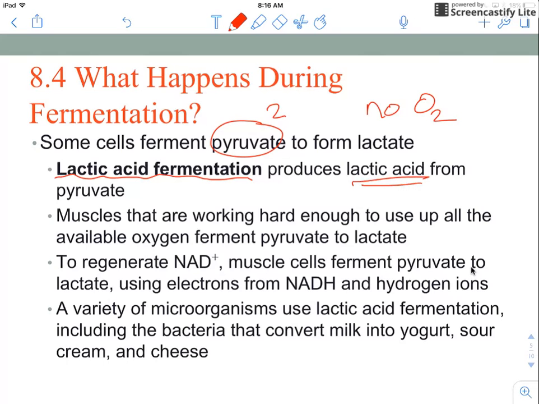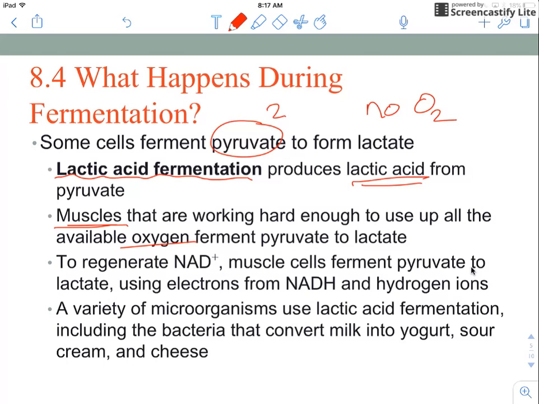So again, this may have been something that your coach mentioned to you when you're talking about how much your muscles burn. They burn because you are now producing acid in them. So when your muscles are working hard enough to use up all the available oxygen, then we still need to get glycolysis to continue.